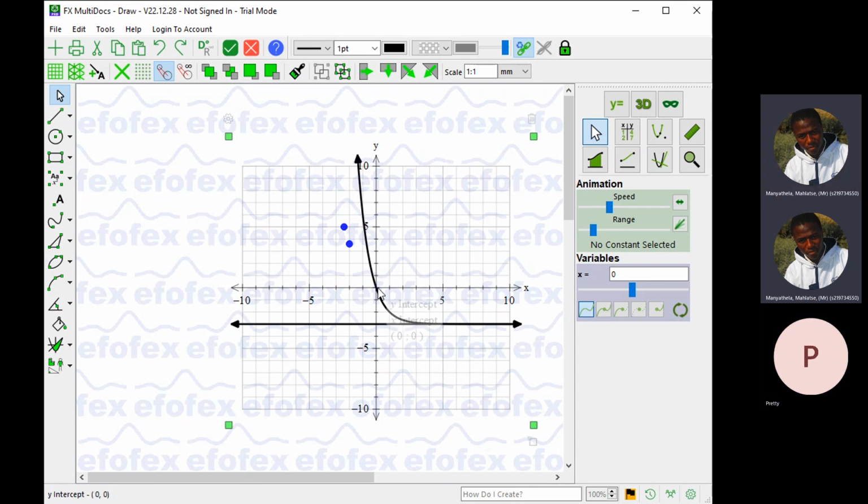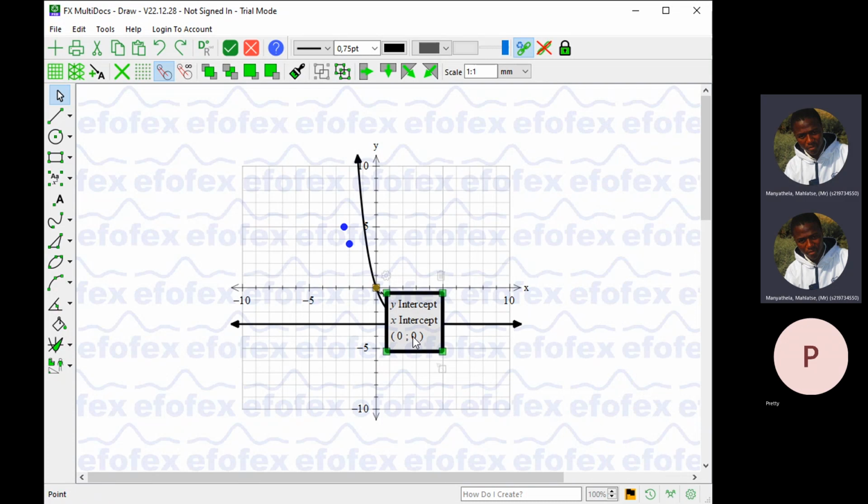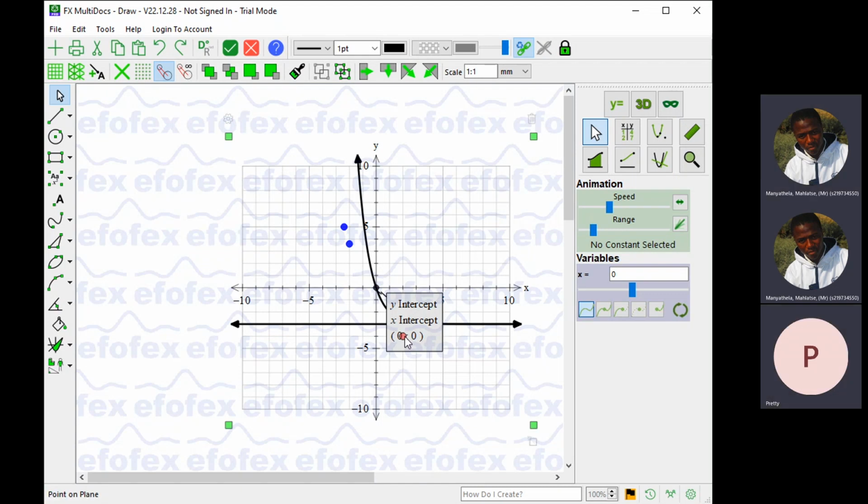So the only thing that will be left is for you to add your points. So here you will say it's 0 and 0. You add that point, and then the second point that you can add is that this line is y equal to -3, so just write -3 on this line.